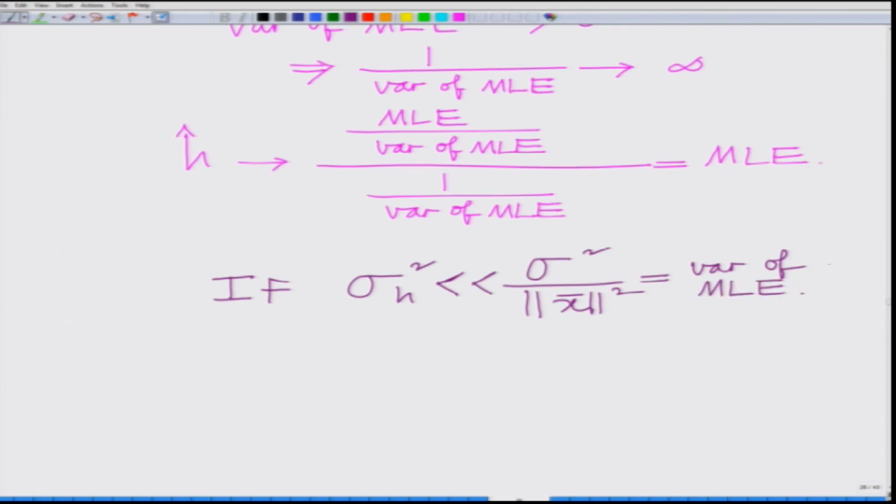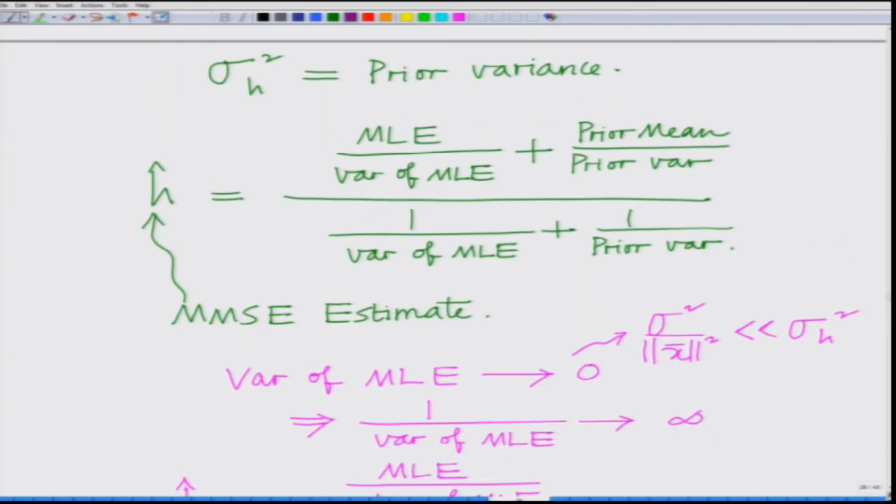Now, in this case you can see something equally interesting. In this case the opposite happens. In this case 1 over prior variance is very large. So, prior mean over prior variance is very large in comparison to MLE divided by the variance of MLE. So, this quantity becomes dominant, in the denominator 1 over the prior variance becomes dominant.